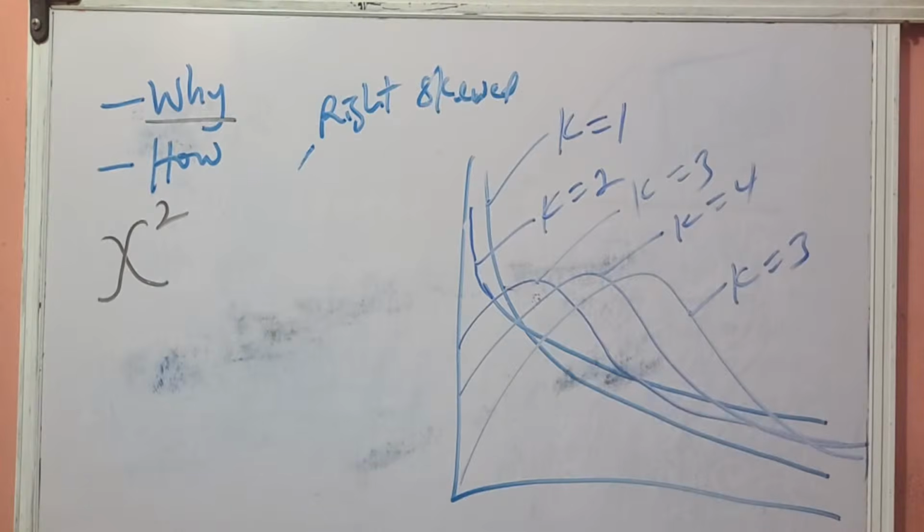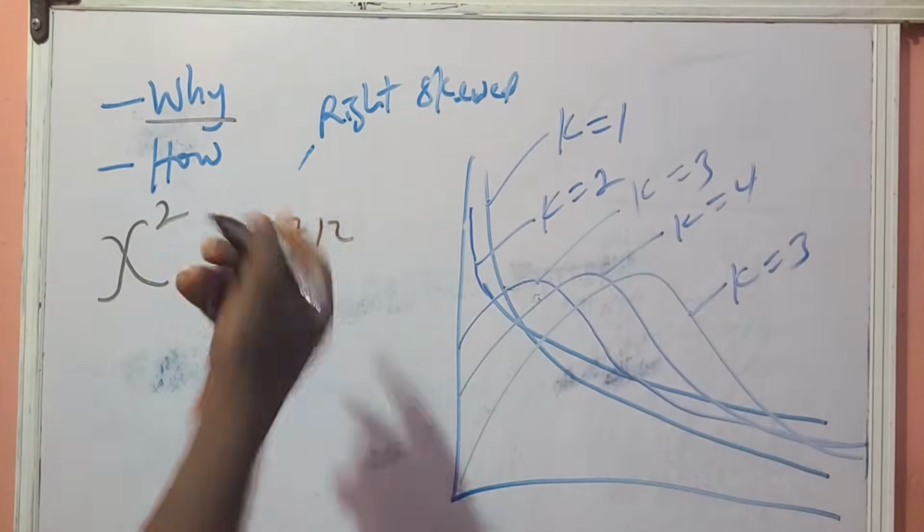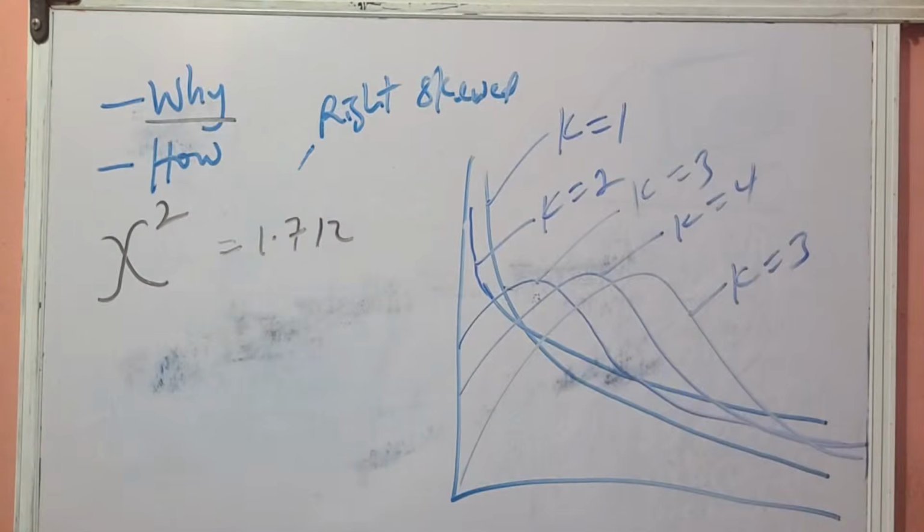When you see something like this in any question, you're talking about chi-square. Sometimes they don't want you to have to check the table in your exam, so they will just write whatever the table value is, probably something like 1.712. There are times when they do this in exams. They don't want to really examine you on checking the table. They want you to just use this. So note that when you see something like this, that's the chi-square.